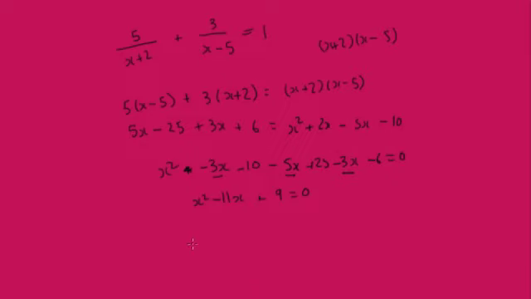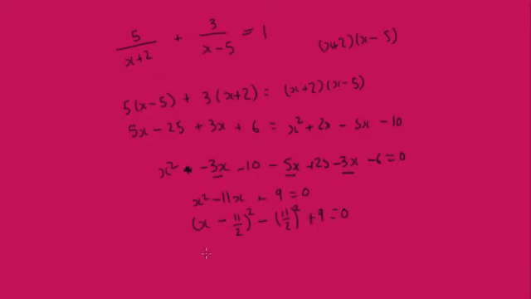Now we're going to use completing the square. So we're going to have x minus 11 over 2 squared minus 11 over 2 squared plus 9 equals 0.